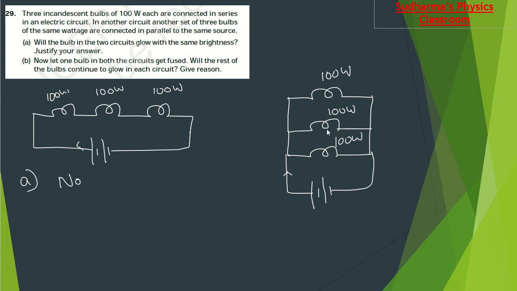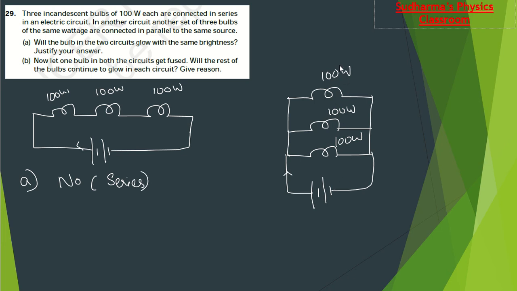Okay. In parallel case, will the bulb in the two circuits glow with the same brightness? No. Because in series connection, each bulb will not glow with the same brightness. But here what happens?